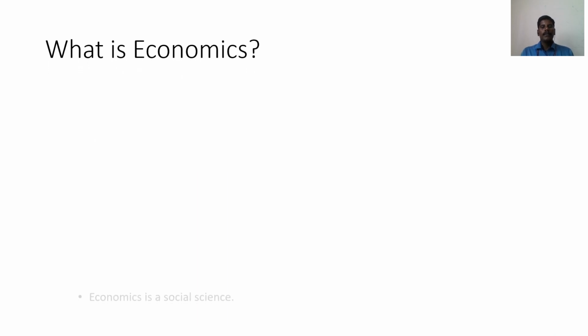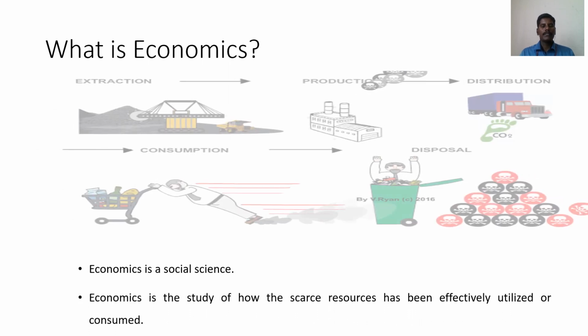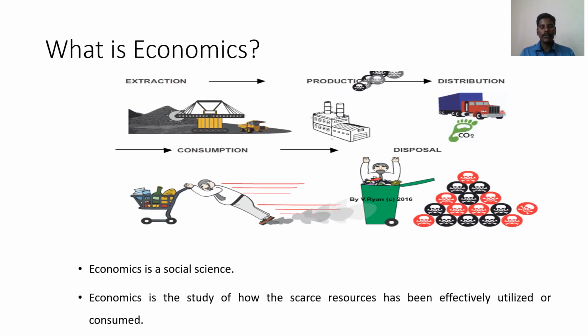In simple terms, we can say that economics is the study of how scarce resources are effectively consumed by the customers, which means fewer wastages, and the product is produced based on the capacity of the customer.